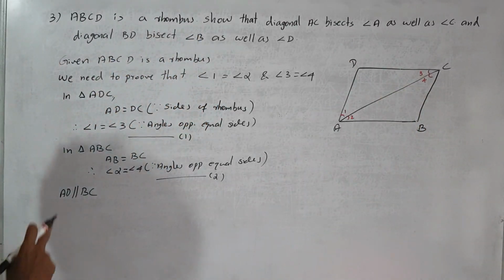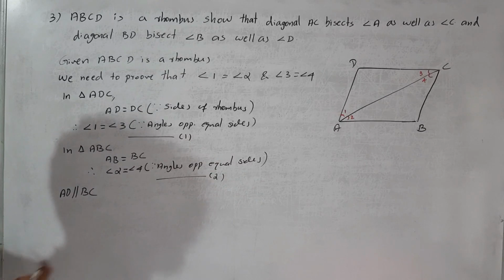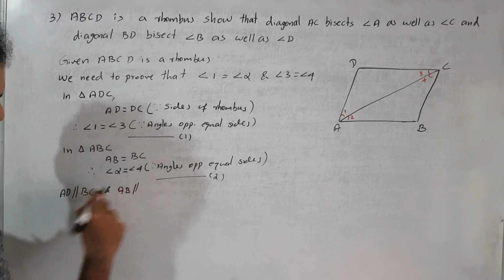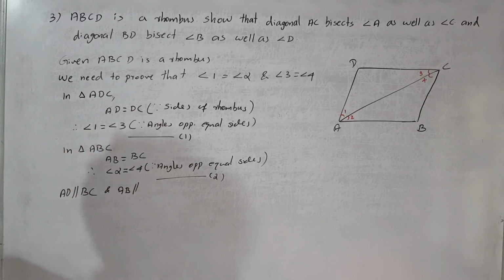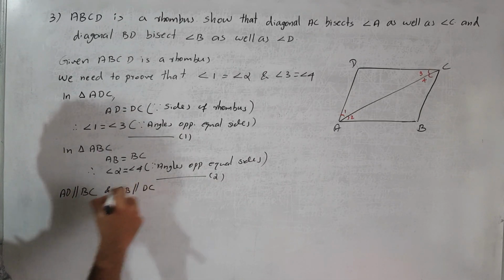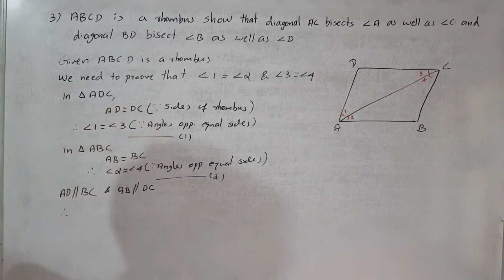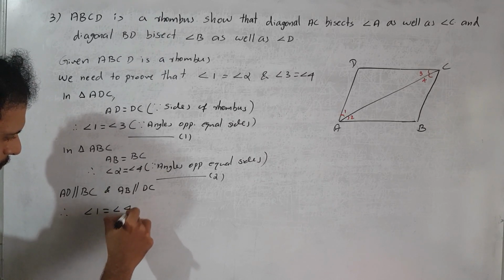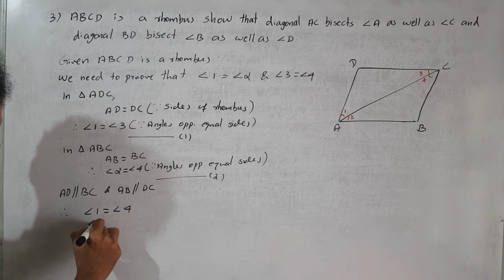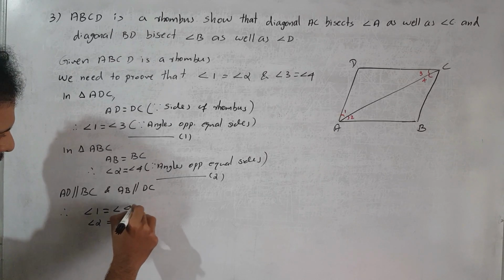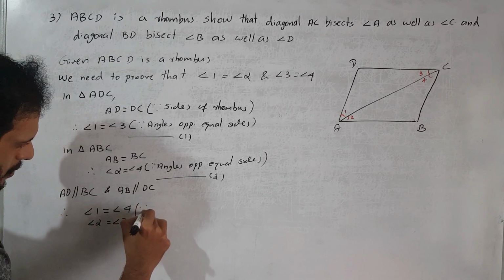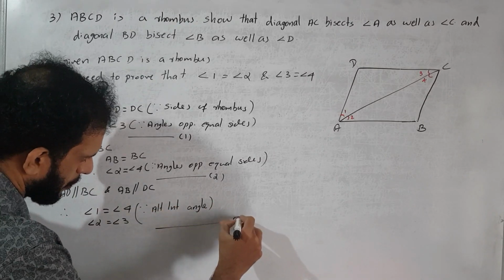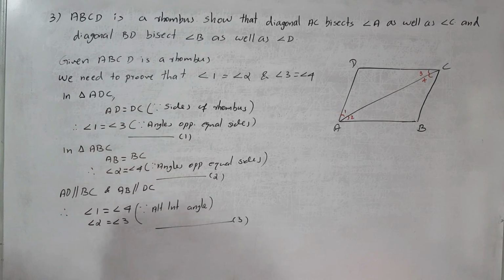So AD is parallel to BC and AB is parallel to DC. Therefore angle 1 is equal to angle 4 and angle 2 is equal to angle 3. The reason for both is the same, alternate interior angles. That is equation 3.